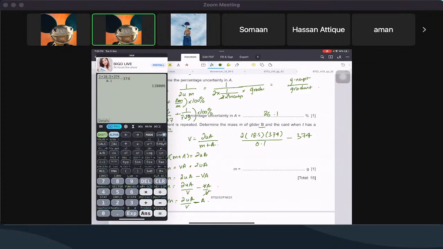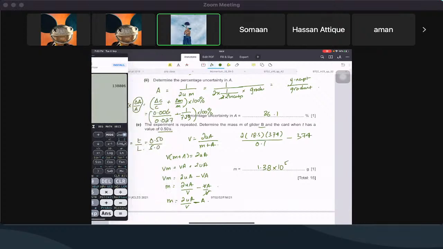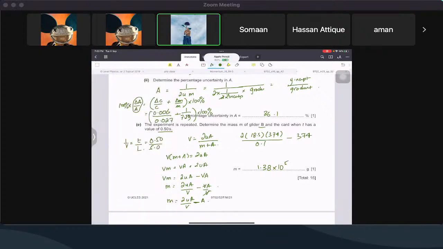So this answer is 1.38 times 10 raised to the power 5. Is it clear now? This is what you've done. Phew. Yes. Now the question is ended. So this basically is the whole thing.